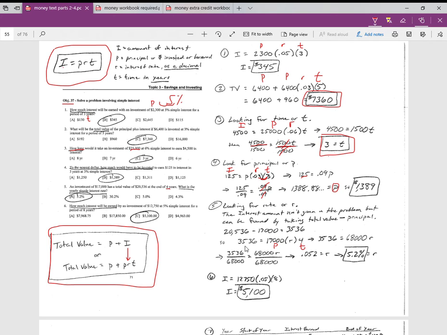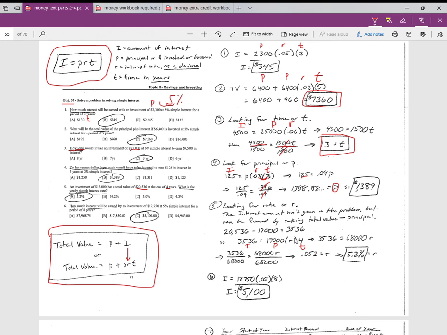And now over here should be our I. And the way I got that is, they didn't tell us what it was, but if we put 17,000 in, and at the end we have 20,536, if we subtract those two, so 20,536 minus 17,000 gives us the $3,536. So that's how much was earned in this investment in that time. So that is the interest. So that goes here for I. 17,000 was the amount invested, that's P. We're looking for the interest rate, which is R, and T is the time.